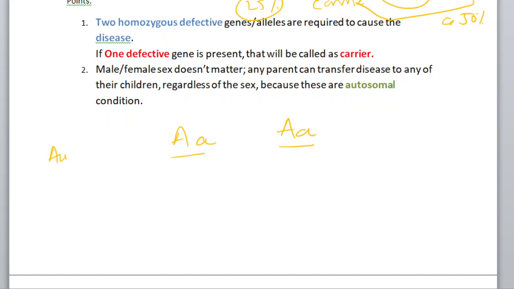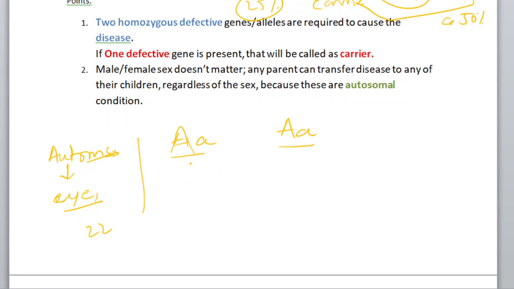Autosome means body forming chromosome, forming the eyes, the kidneys, bones, skeleton, everything. These don't differ between the sexes. Every male and female has all these body forming chromosomes, the 22 pairs. So that's why we are not denoting them by X and Y.